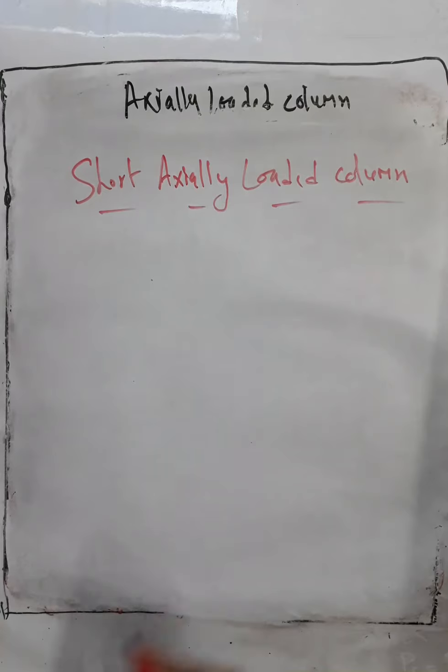In our previous lecture we discussed column, pedestal, classifications of columns, provisions given in our IS code 456:2000 regarding longitudinal reinforcement, transverse reinforcement, assumptions, minimum eccentricity, etc. Now we will see the formula for analysis of the short axially loaded column.